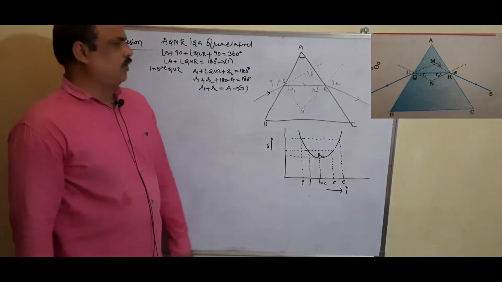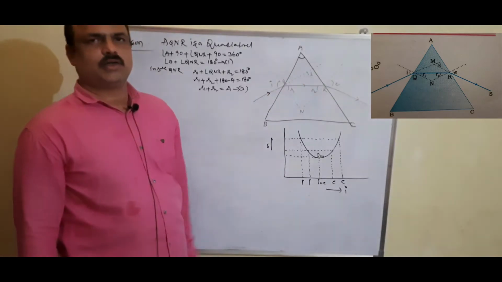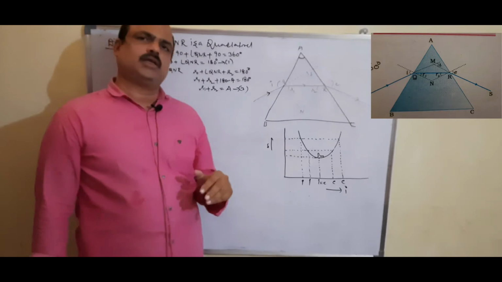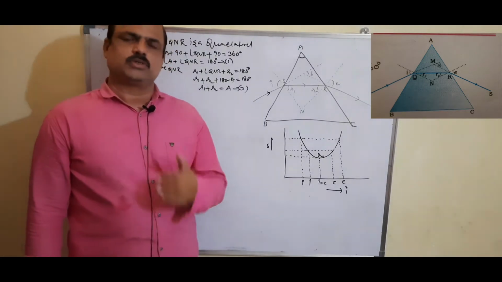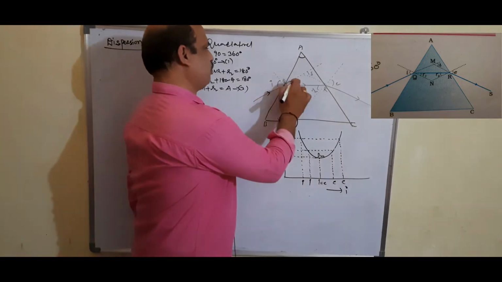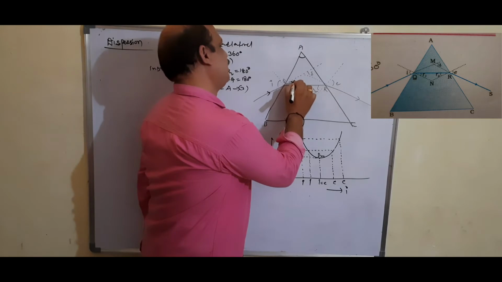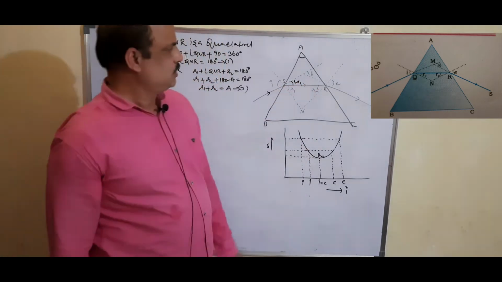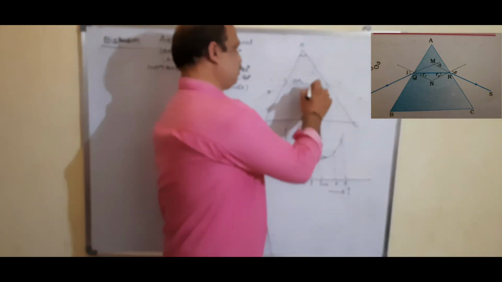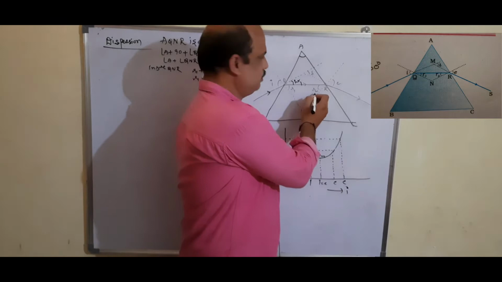So now this is the angle of deviation. We know that in mathematics the external angle is equal to the sum of the internal angles. So this total angle is I, and this is R1. So what is this angle here? I minus R1. This is E, and this opposite angle is R2.